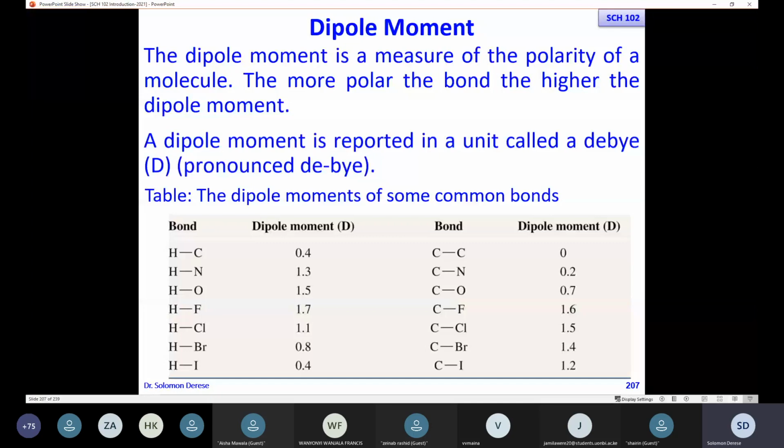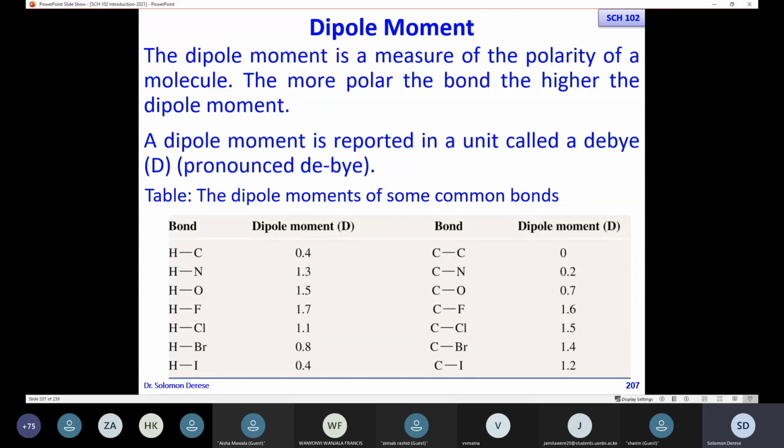That's why the dipole moment is not the same as the difference in electronegativity between the two atoms. All the same, dipole moment is a measure of polarity. The more polarized the bond, the higher the dipole moment.